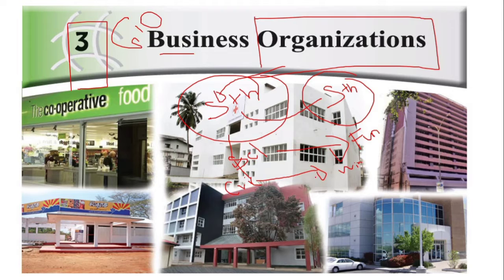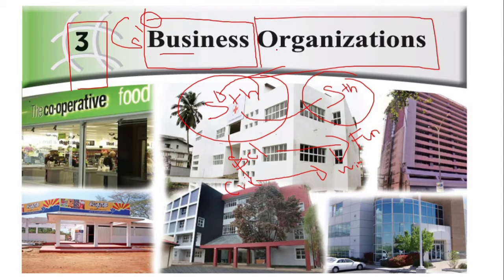So organization means you are organizing something in order to achieve something. When the organization comes to business, that is known as business organization.